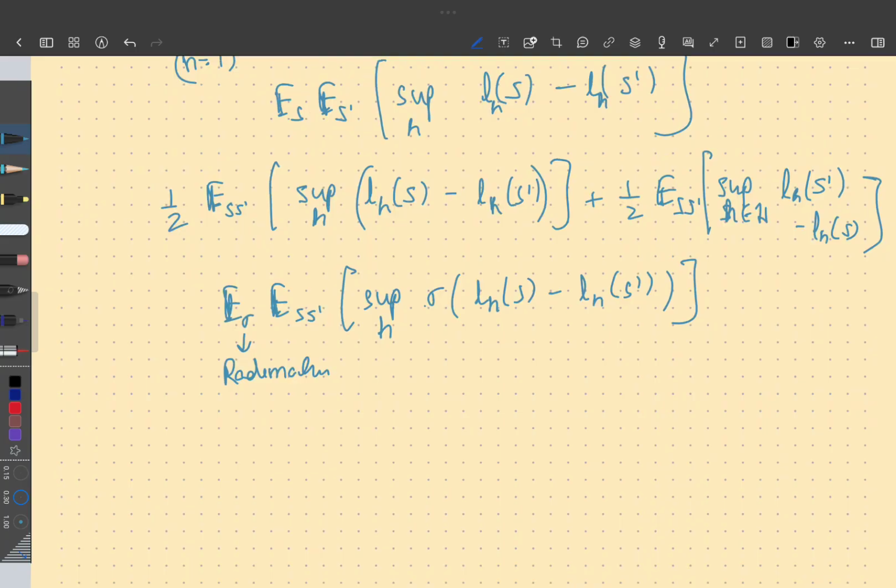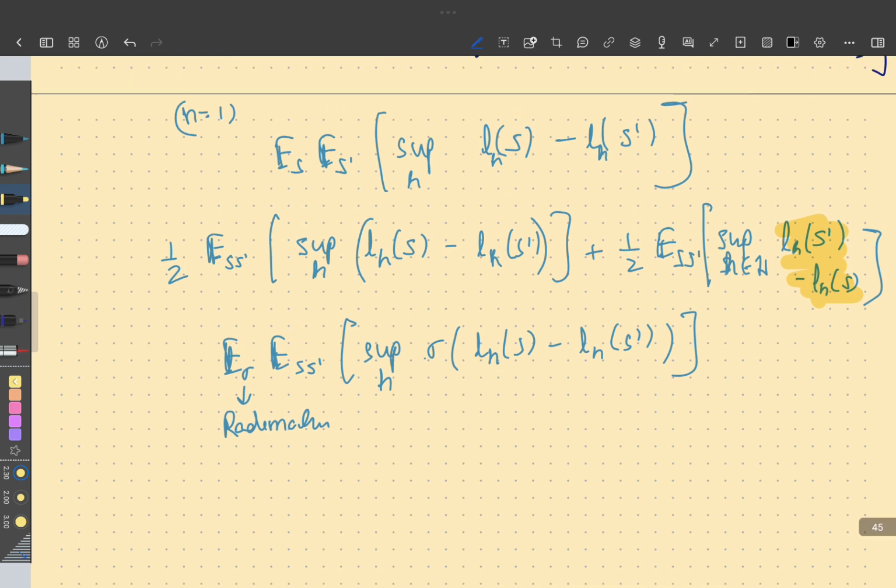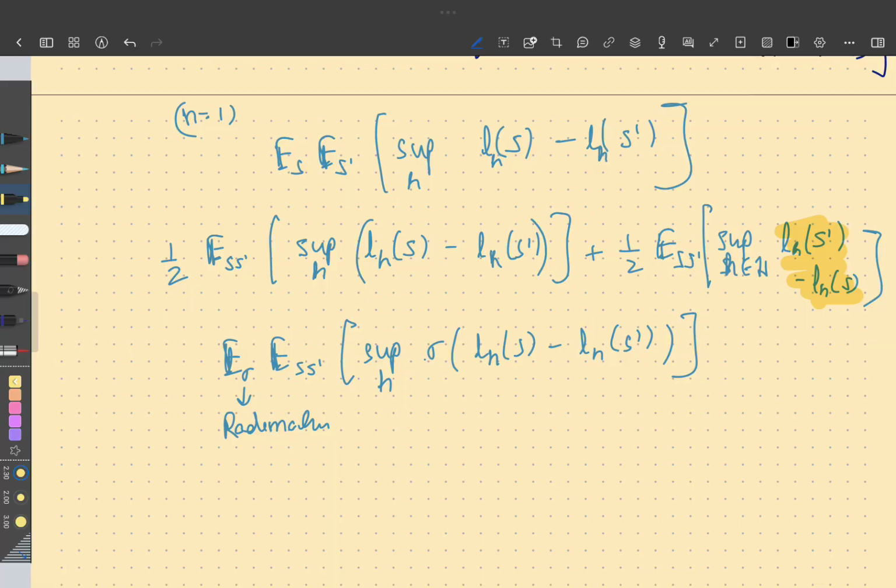Because the quantity over here is just minus L_S of H minus L_H of S prime. In getting the second term, I've just made a change of variable, nothing more.